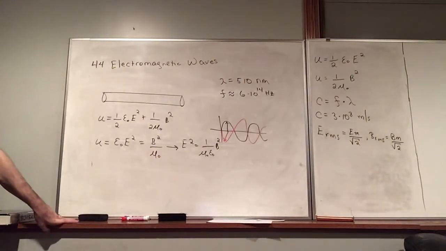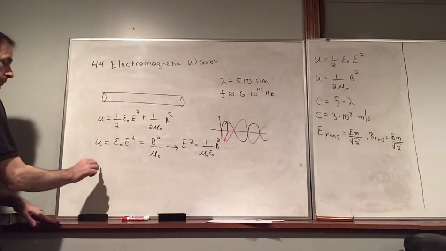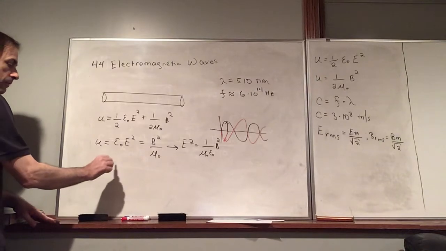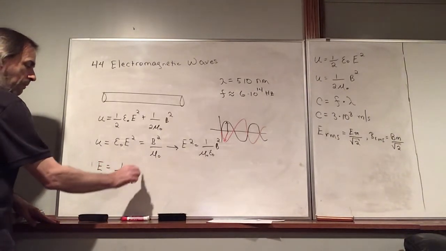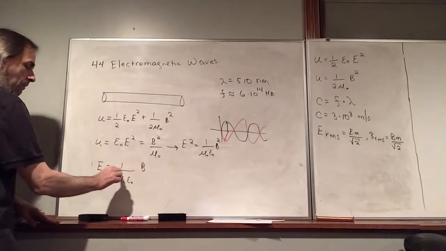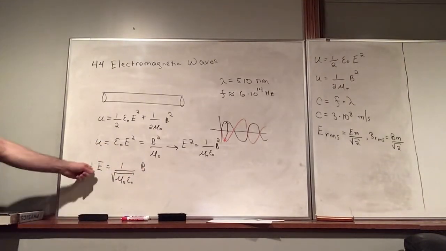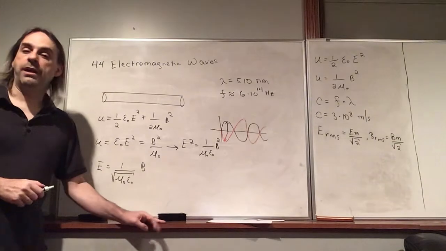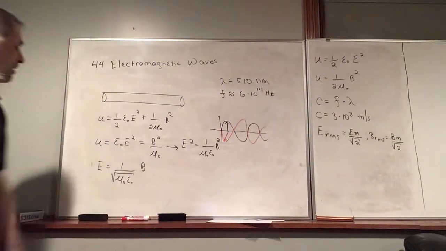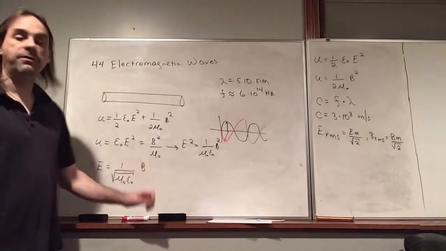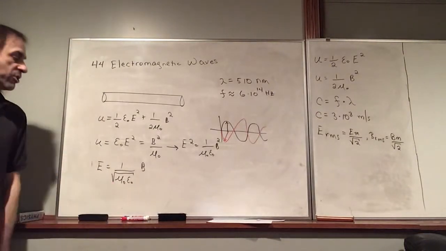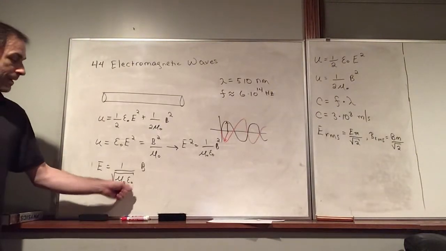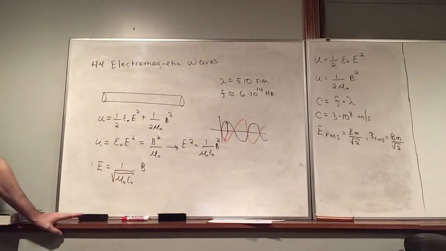And if we take the square root, remember I mentioned earlier that there's a relation between the magnitudes of the electric and magnetic fields, and here it is. The electric field is 1 over the square root of mu naught epsilon naught times the magnitude of the magnetic field.